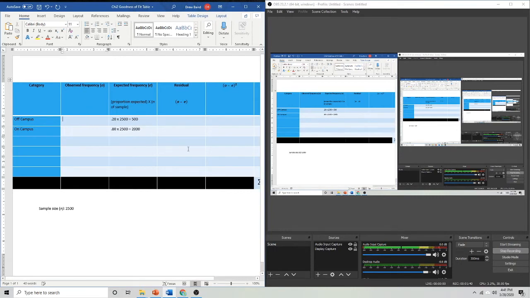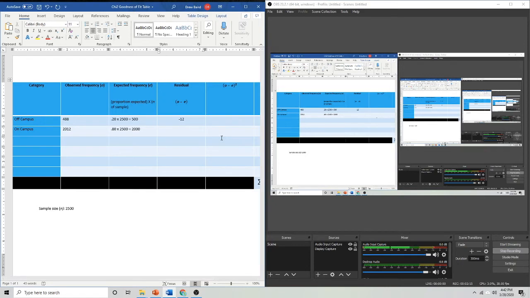So we'll say our observed frequency for off campus in our CNU sample of 2,500 CNU students was 488 living off campus, and on campus it was 2,012. So you are going to calculate your residuals. 488 minus 500 equals negative 12. Your residual is just going to be the inverse when you only have two categories.